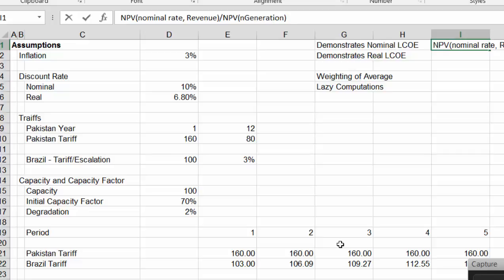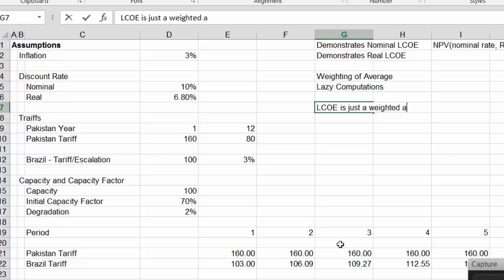So I'm going to show you that the LCOE is just a weighted average. They're just a weighted average.